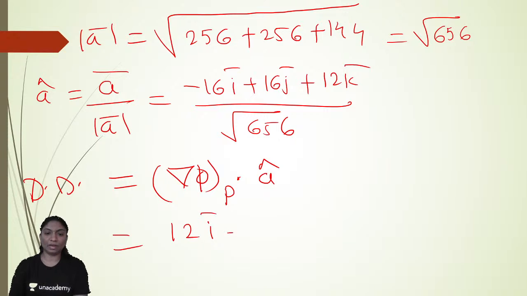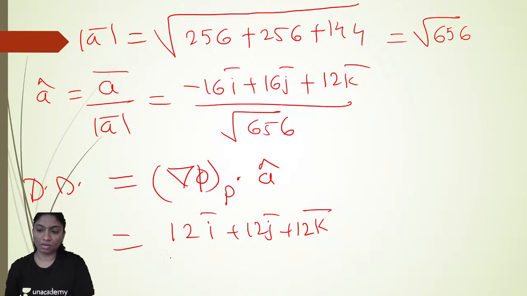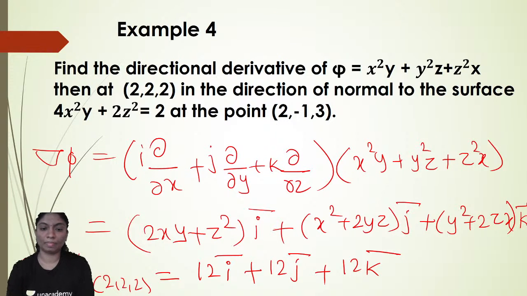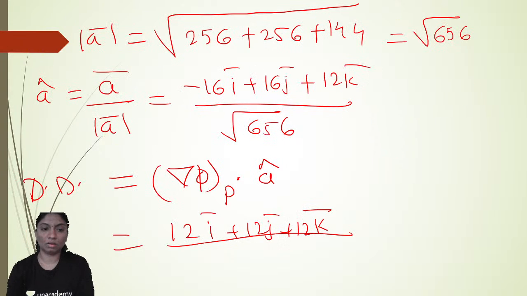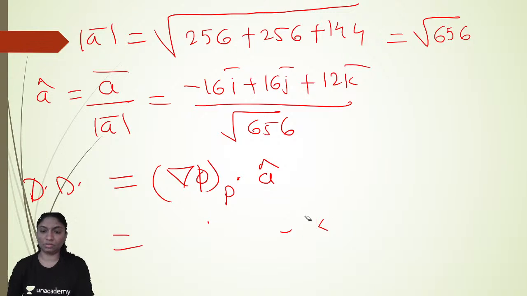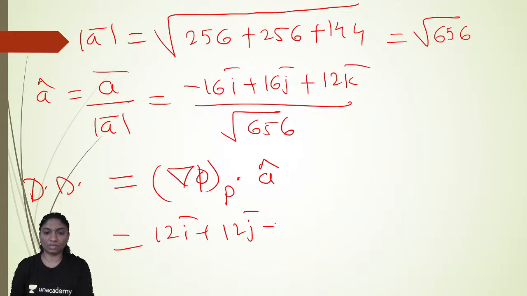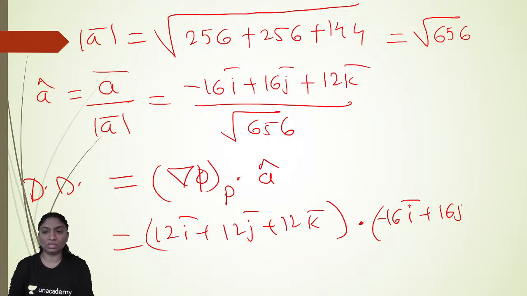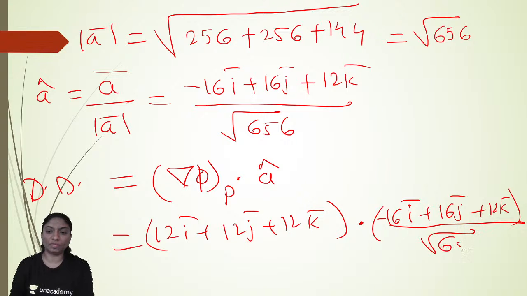Here you will get 12 i bar plus 12 j bar plus 12 k bar, dot a cap, which is minus 16 i bar plus 16 j bar plus 12 k bar upon root of 656.